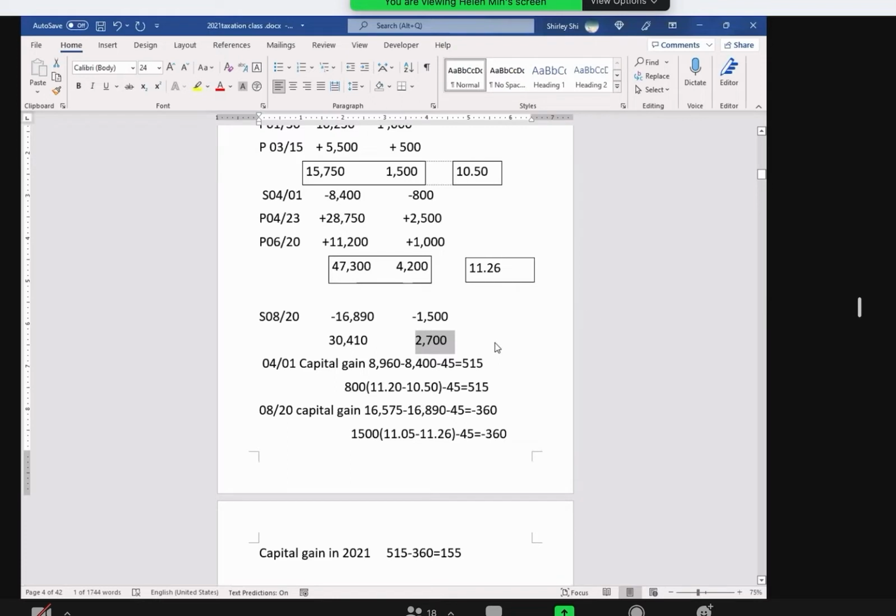Also, in your book you have quantity in your record, but the quantity, the warehouse person will take care of that. They only take care of that quantity.